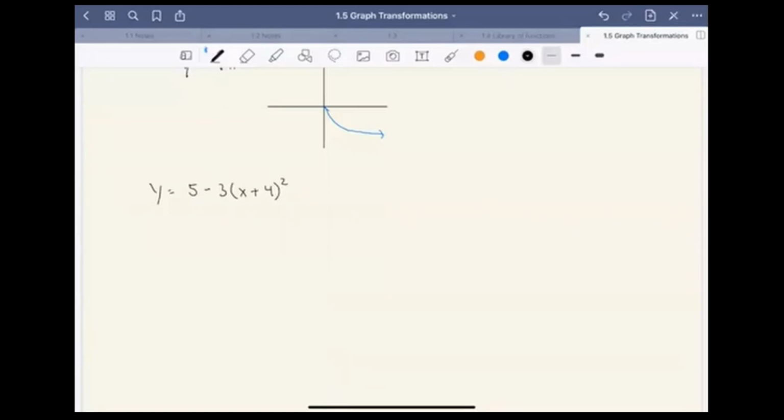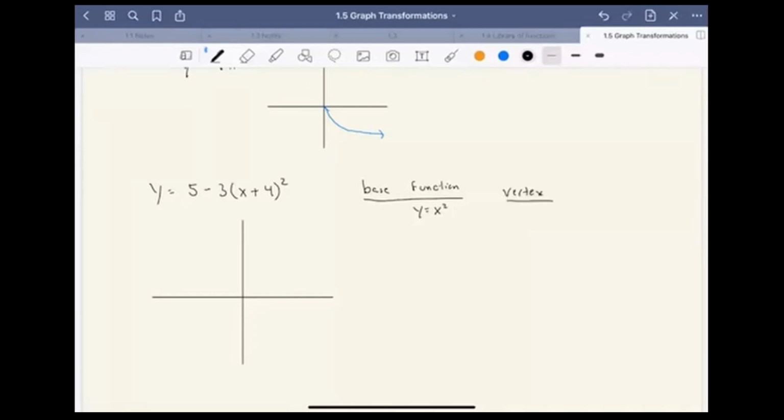Okay, so start by graphing a coordinate axes. Okay, now what is our base function? Our base function is, of course, y equals x squared. Okay, now where is our vertex?